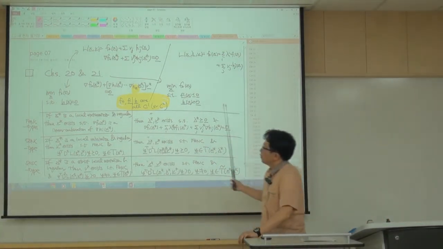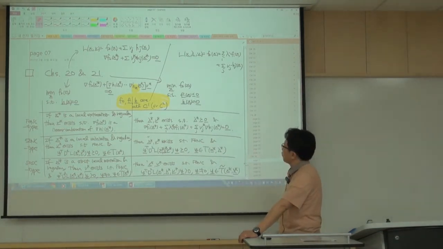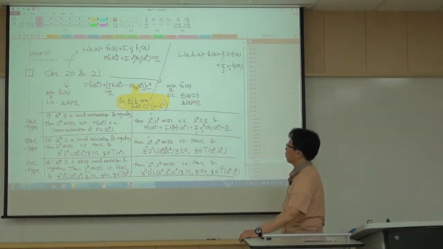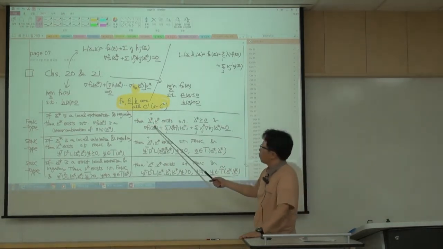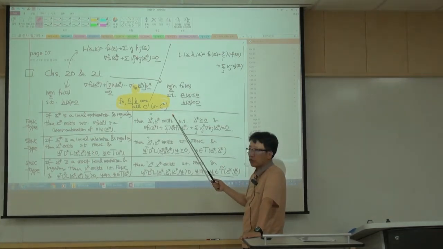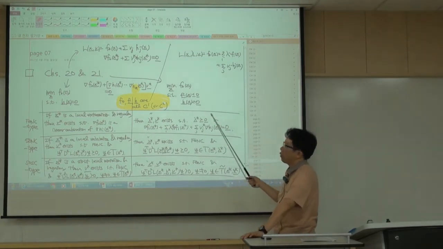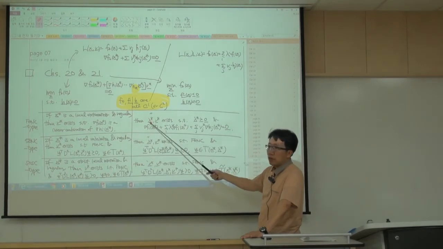And for this constraint optimization problem with inequality and equality constraint functions, the theorem looks almost the same. The x star is a local extremizer, could be a minimizer, could be a maximizer, and regular. Then there exist lambda star and nu star.